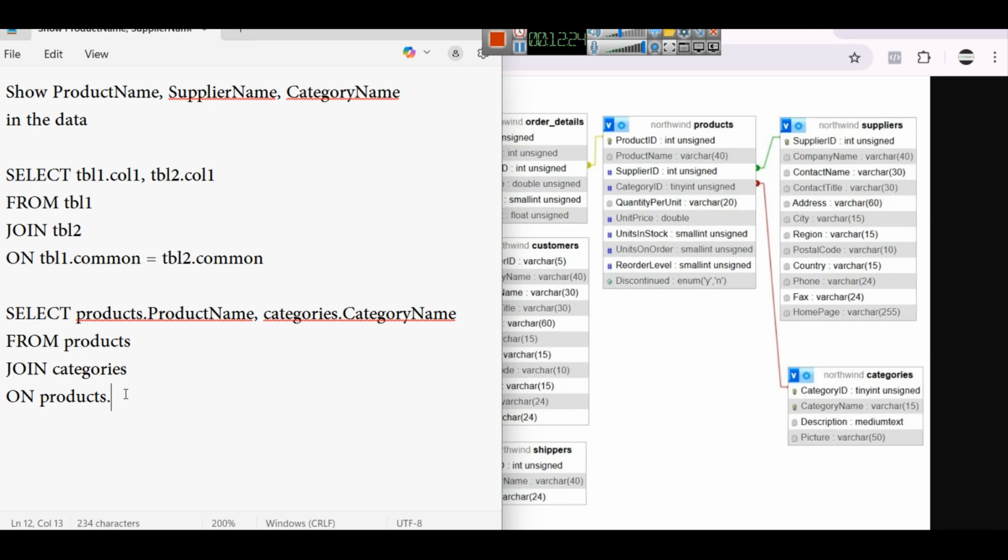So you will write products dot category ID equal to categories dot category ID, right? So what is the working of on? We are joining these two tables on this column.